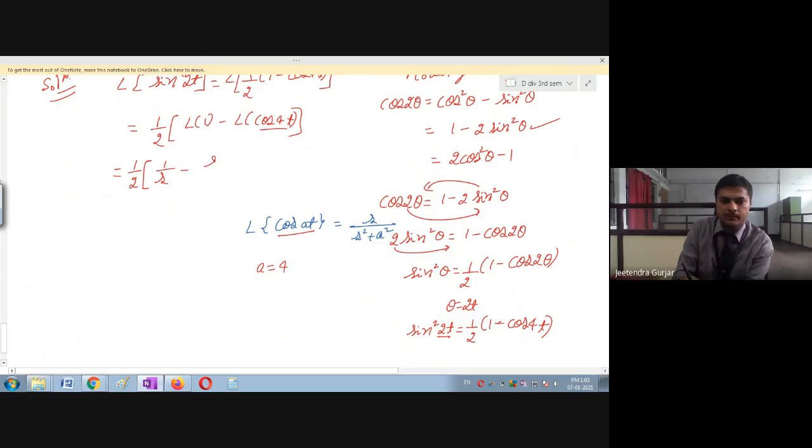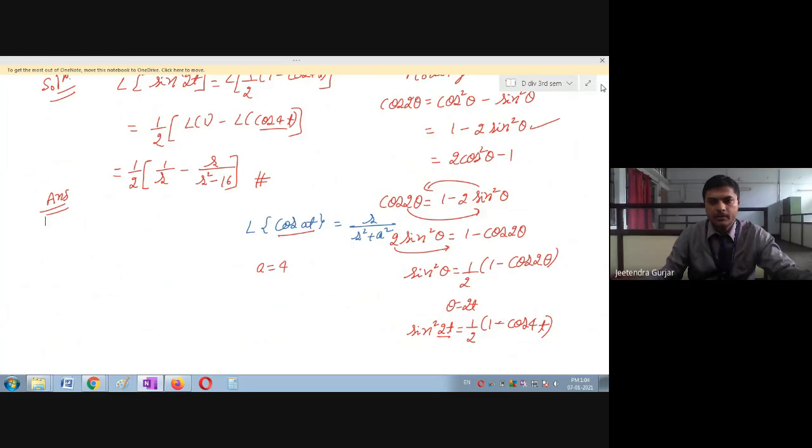Therefore, this will become s upon s square minus 4 square. So what is 4 square? You can easily write 16. 4 square is 16. Yes, friends? Okay. So therefore, this is my answer. Is it clear? So one can simplify this very easily, students.